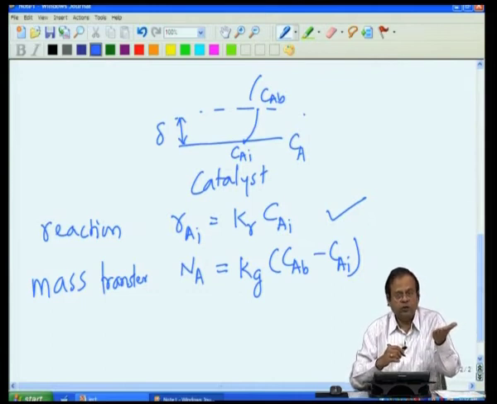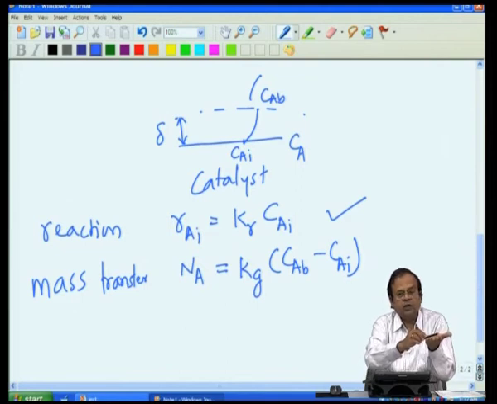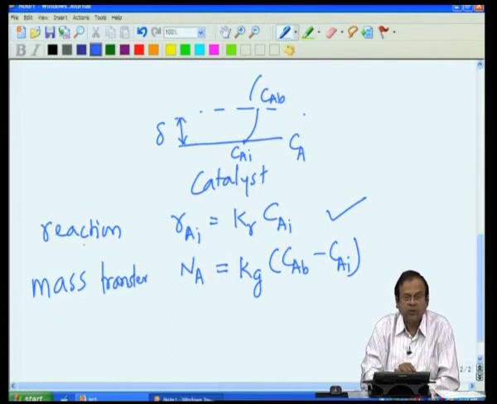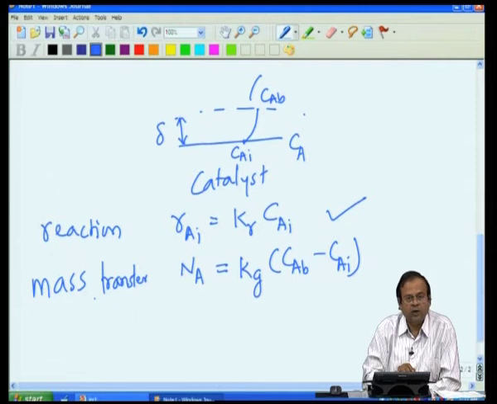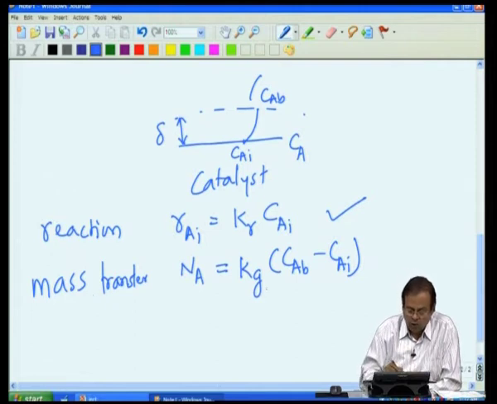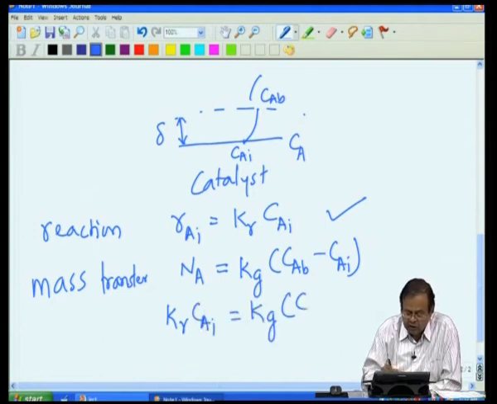Now, if I assume that this surface has no capacity to store mass, then the rate at which A is coming to the surface and the rate at which it is reacting must be equal, or in other words, the reaction rate and mass transfer rate must be equal, or we can write Kr into CAI must be same as Kg into CAB minus CAI.